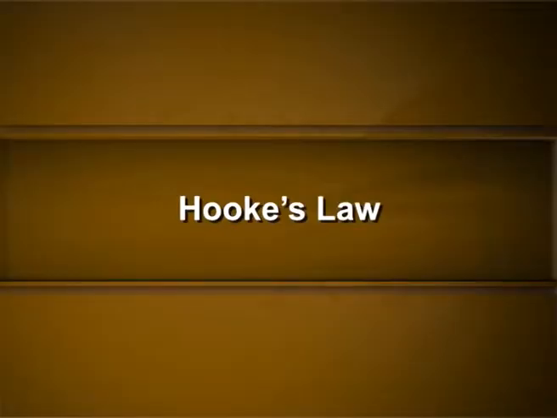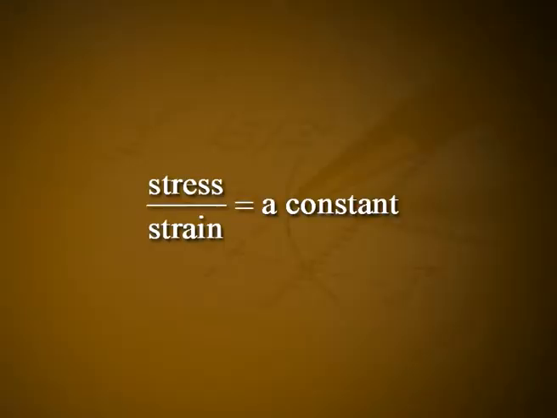Hooke's law. The stress is proportional to the strain, provided the strain is small, or stress by strain is equal to a constant. This constant is known as the modulus of elasticity or the coefficient of elasticity, and depends upon the material of the body.